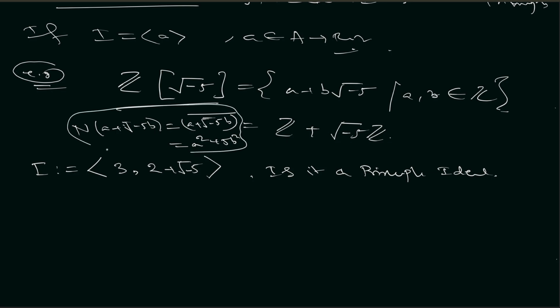This is the norm over this ring. Actually, this is called the field norm. But as of now, what if this ideal is generated by some single element? Suppose this ideal I is generated by some single element.